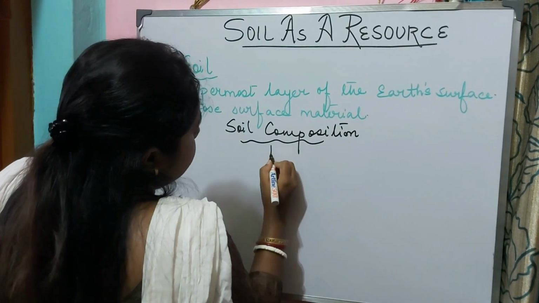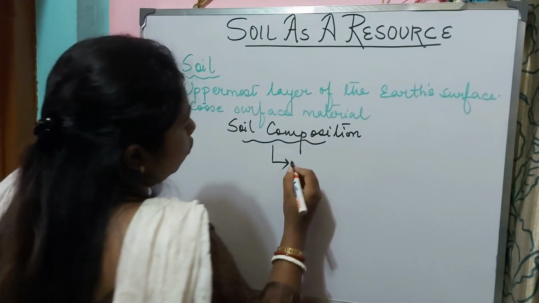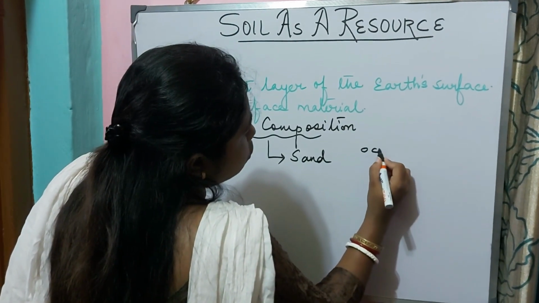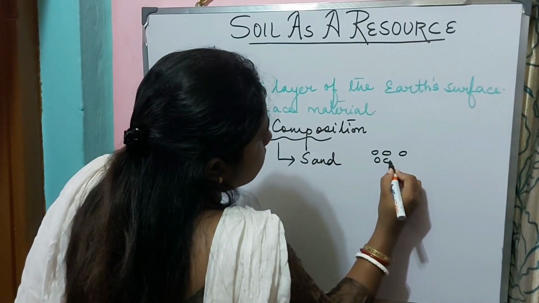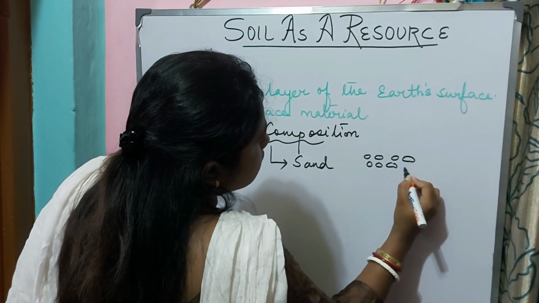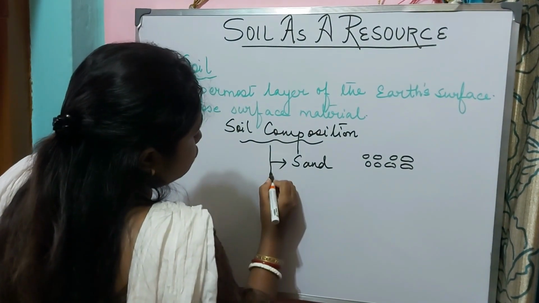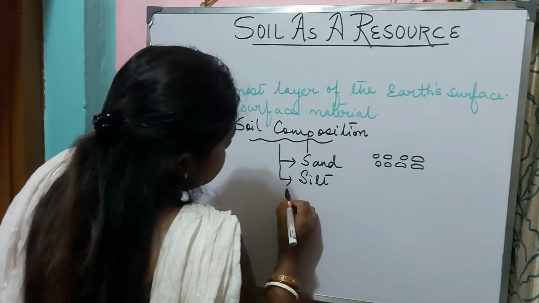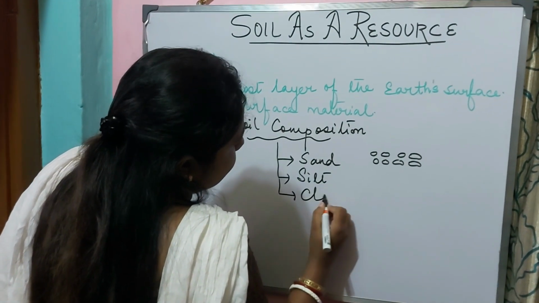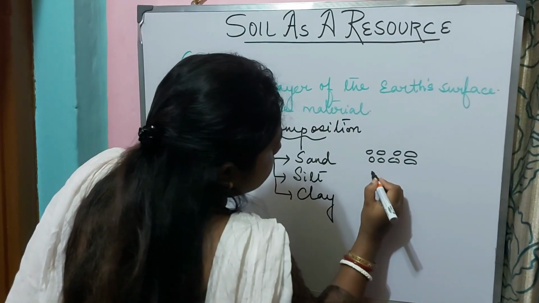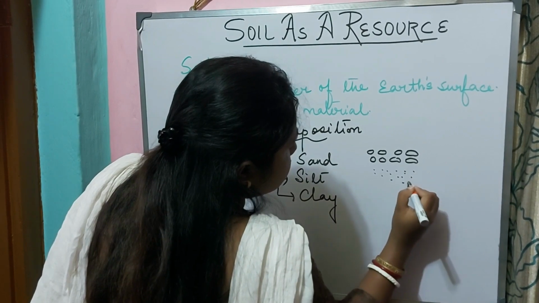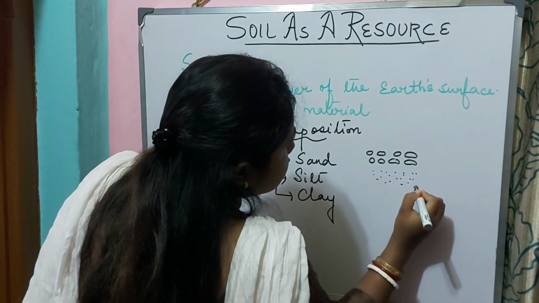Soil is composed of sand, which are larger particles, larger in size, silt, and clay. Silt particles are a bit smaller than sand in size.